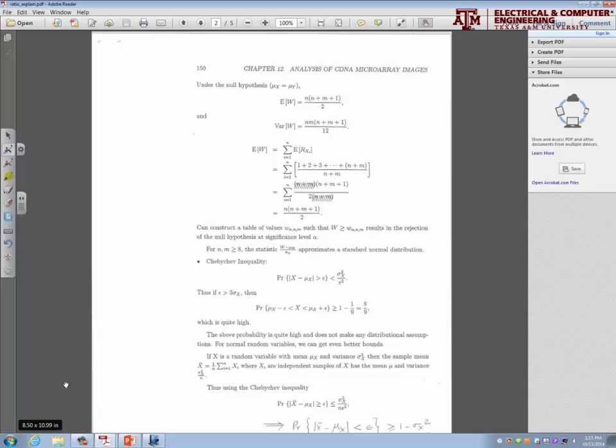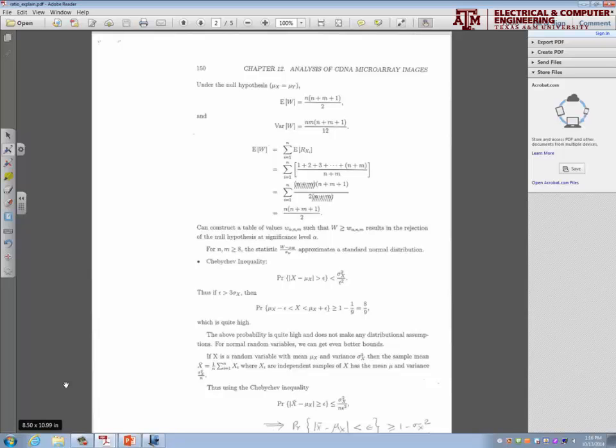The screen is not working over there. So from this you can see that if epsilon is greater than 3 times the standard deviation, then the probability that the difference between x and its mean is greater than epsilon is small. That means the probability that x minus its mean is less than or equal to epsilon will be 1 minus this quantity.